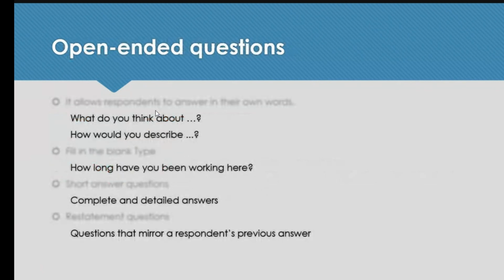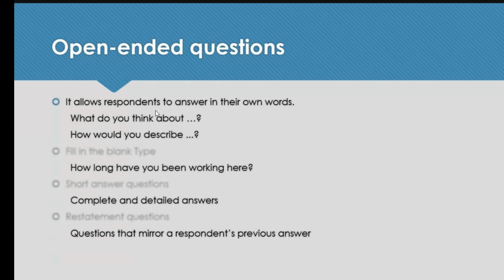The next one is open-ended questions. So what are open-ended questions? These allow respondents to answer in their own words. In open-ended questions there are no options, so they can provide their own responses. Generally, open-ended questions begin with what do you think about, how would you describe, what is your opinion.